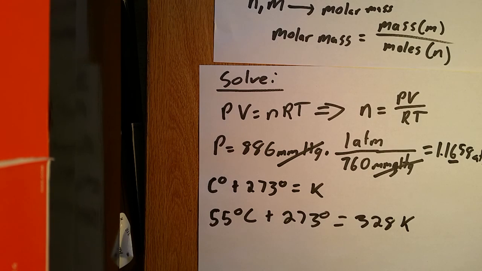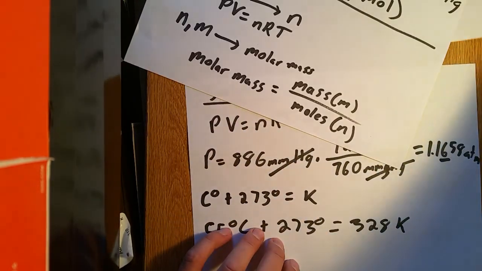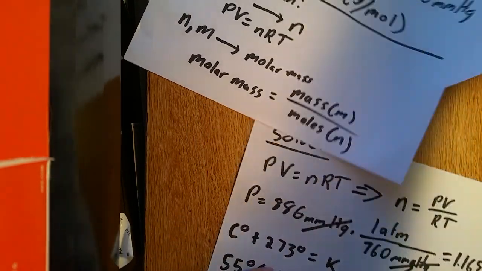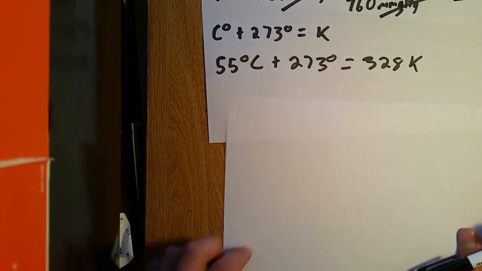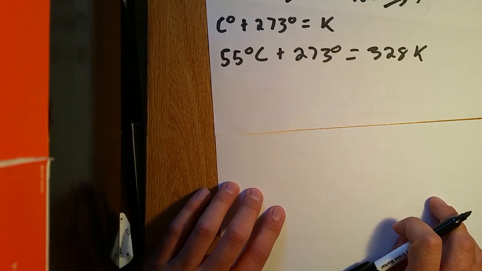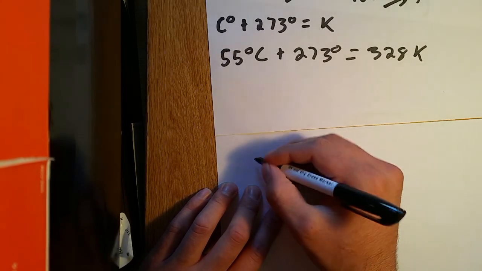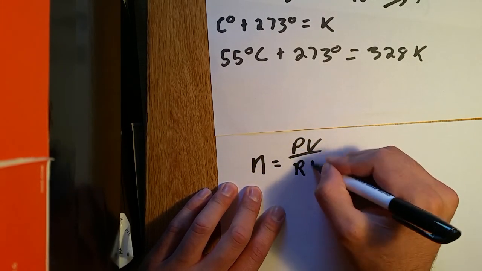Now it's time for us to substitute into the equation and calculate n, the number of moles. Now we have n equals PV over RT.